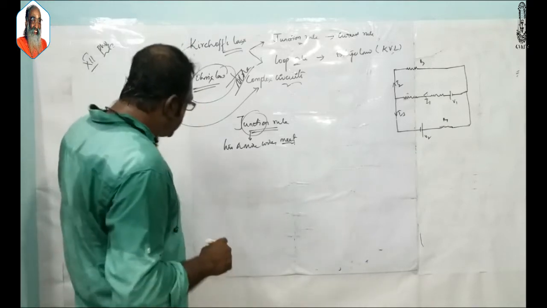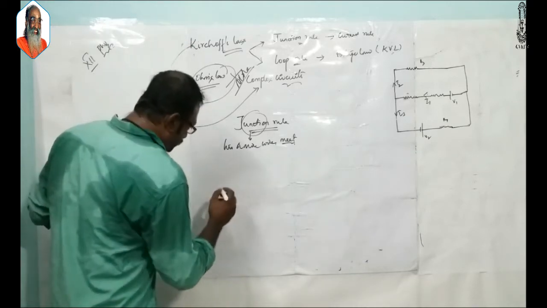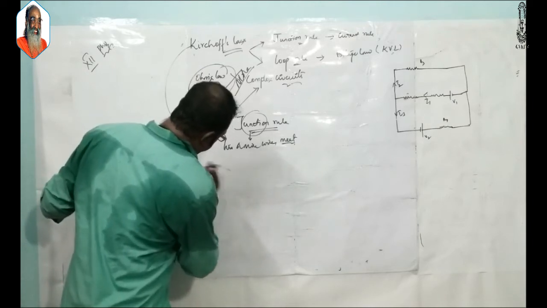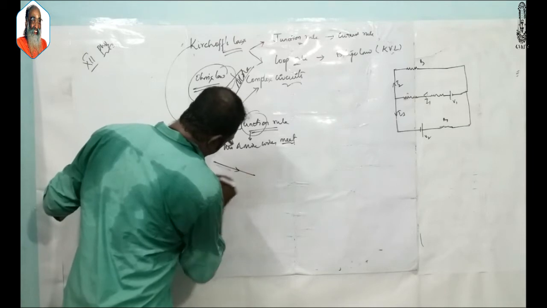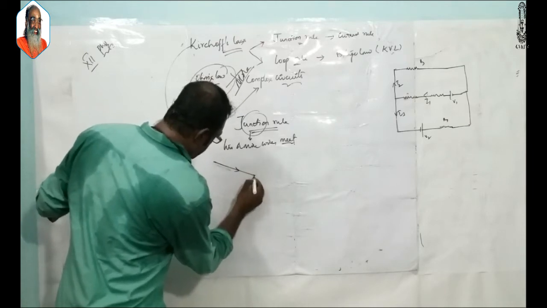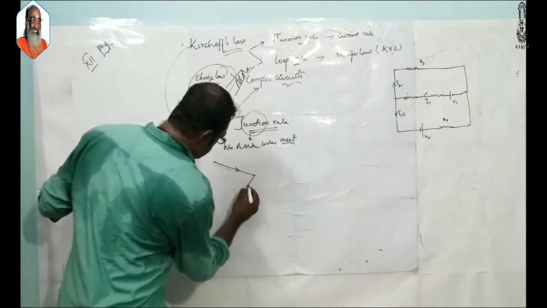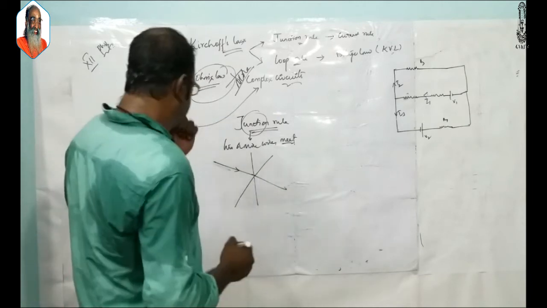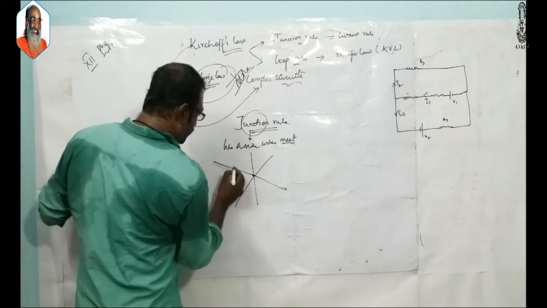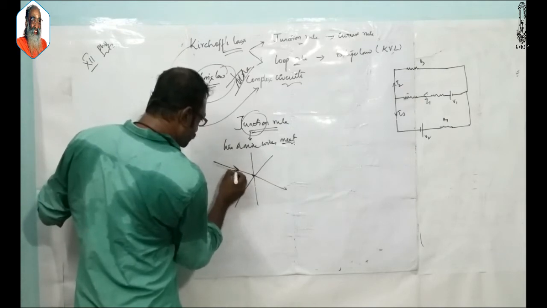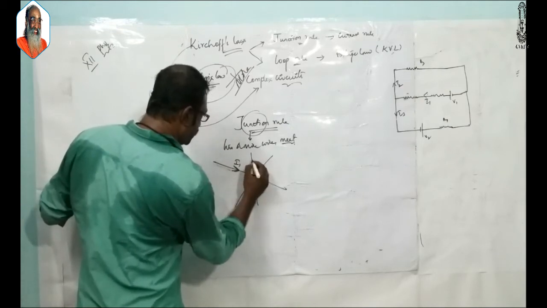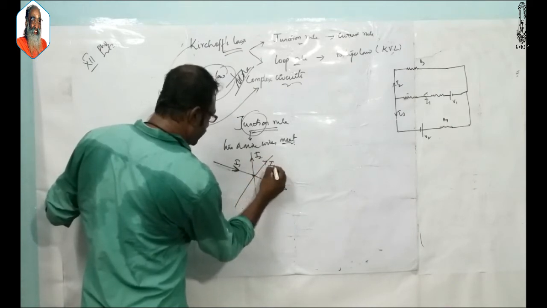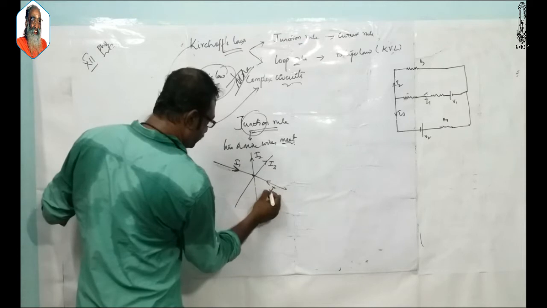Suppose, let us take here. Now a wire is coming like this, and a junction is there with two or more wires here. This is a junction, and to this the current is coming as I1, and here the current is going as I2, and here the current is going as I3, and here the current is coming as I4, and here the current is coming as I5, and here it is going as I6.